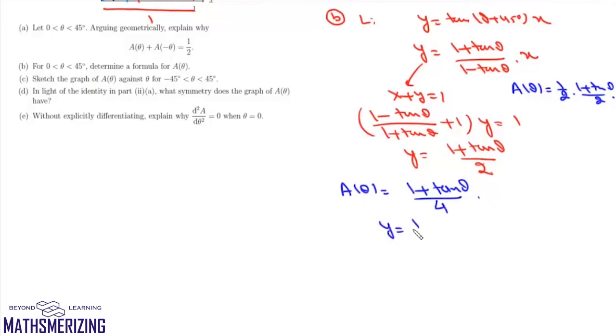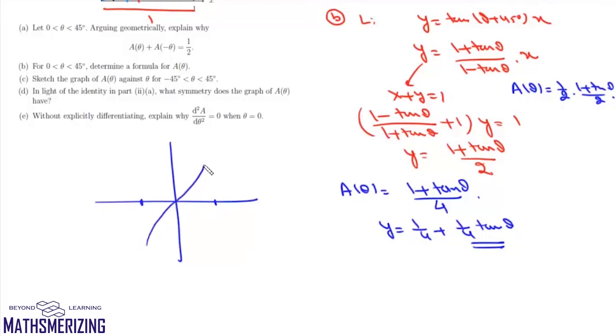Now we can write this function as y equals 1 by 4 plus 1 by 4 tan theta. So we'll start with the graph of 1 by 4 tan theta between minus 45 and plus 45. So this is plus 1 by 4 and this is minus 1 by 4, and then we'll take the transformation y minus 1 by 4 equals 1 by 4 tan theta.